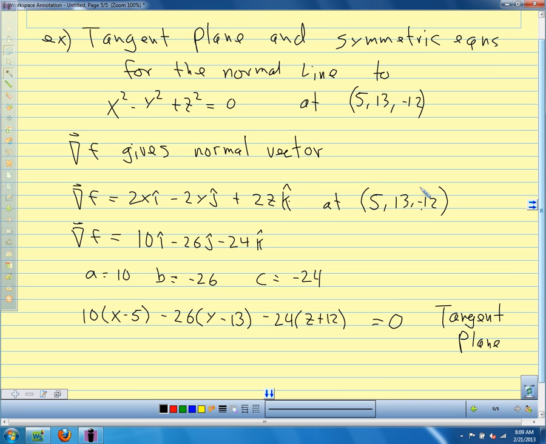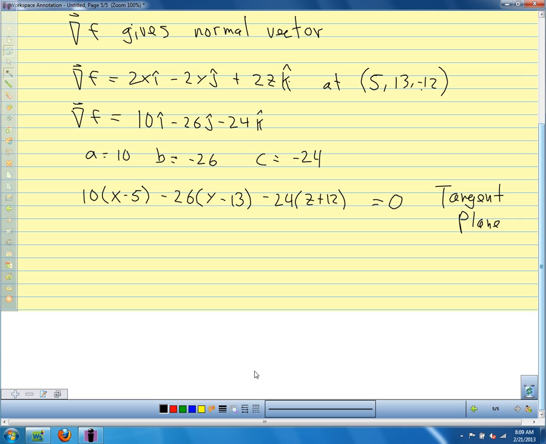And del f is parallel to our normal line, so del f also gives us our direction numbers for our normal line. So our symmetric equations, remember how to write symmetric equations for a line.